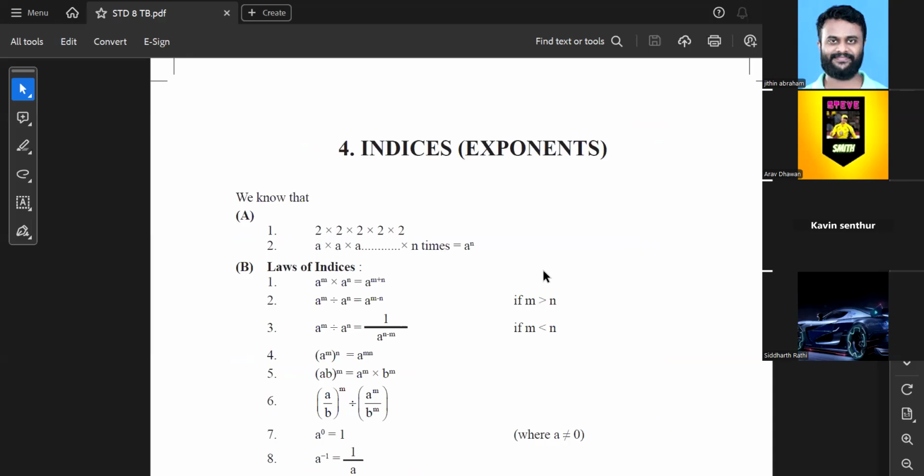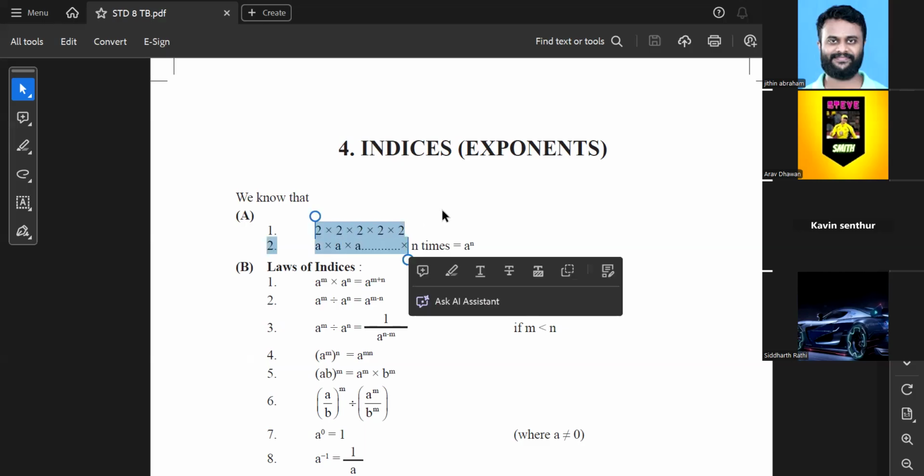Let us try to understand what this chapter is basically. As you can see over here, for example, if you're multiplying 2 multiplied by 2 multiplied by 2 multiplied by 2 multiplied by 2, how many times did you multiply?